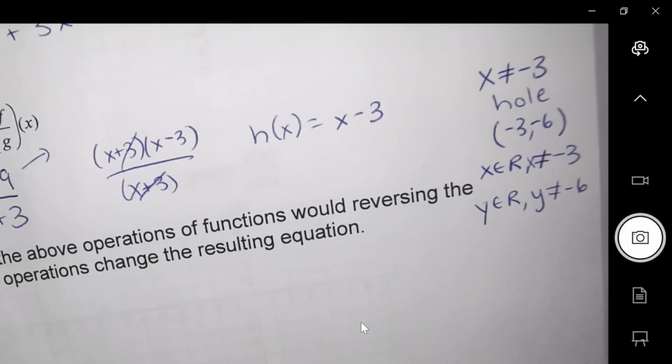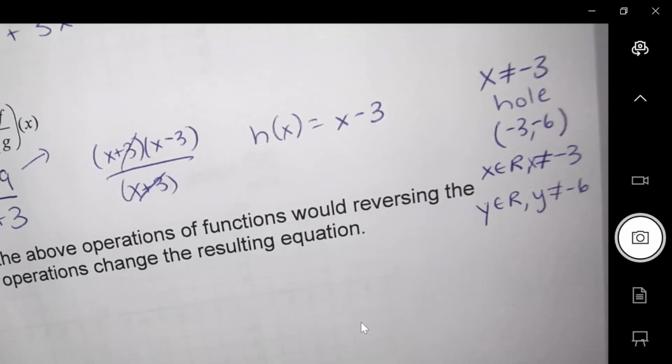Okay, so we have to jump over that spot. So just be careful with domain and range questions. You're going to have to go back to your rational rules.